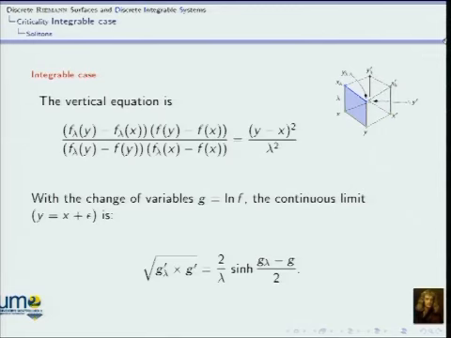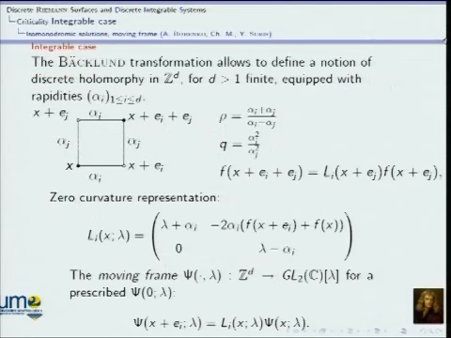If you take the continuous limit of this Q1 delta equals 0 equation, you stumble upon some equations which are related to solitons. And you can as well have all this machinery of integrable systems applied to this theory.